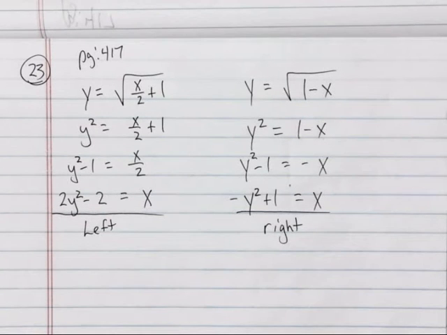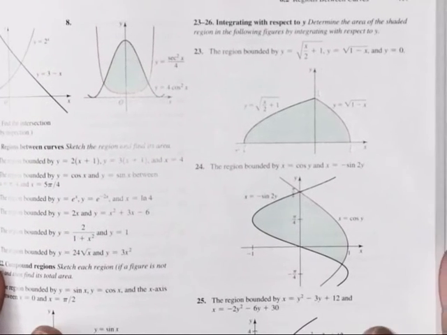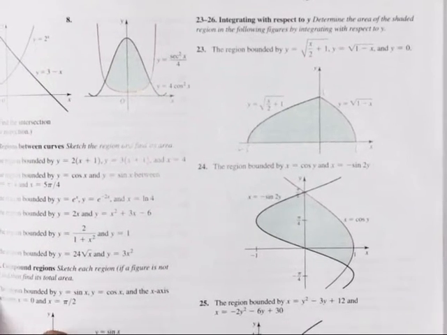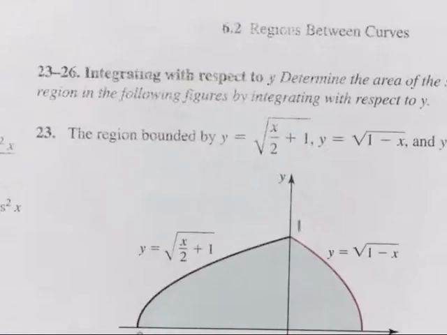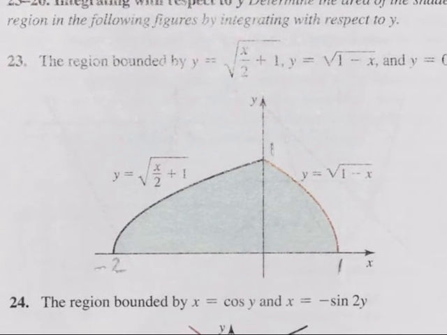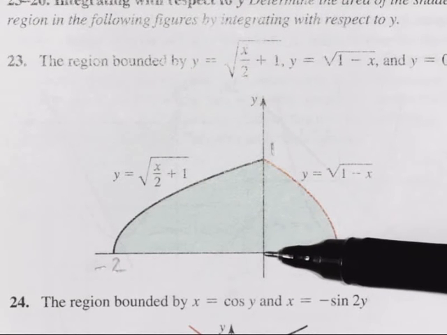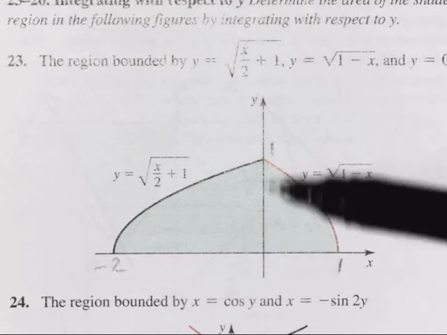And then at this point I need to determine my value for c and d. So if we look at our graph again on 23, c and d are going to be the y coordinates, so basically the bottom and the top in terms of starting and stopping.